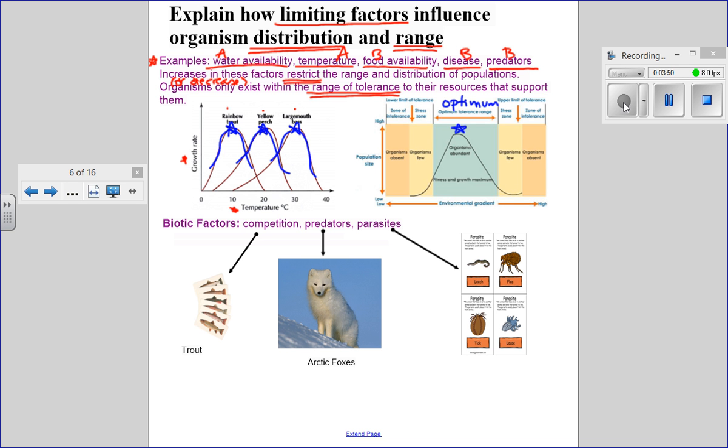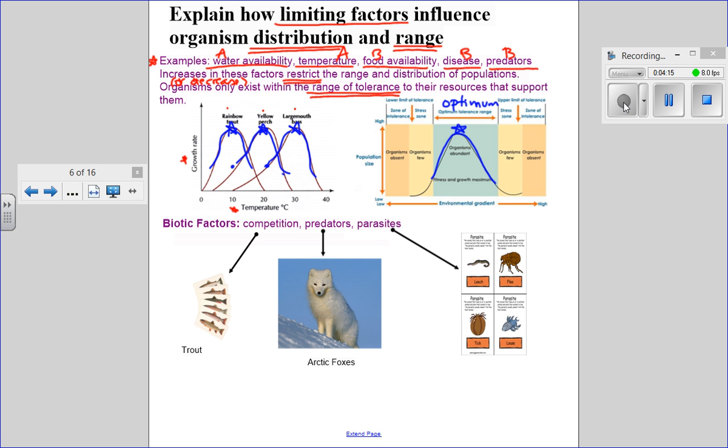We're going to say optimum is around 10 to about 30. And for the largemouth bass, maybe we'll say 25 to essentially 40. Now that's the optimum range, the part where the graph is having its peak. It's the bell part of this bell-shaped curve.